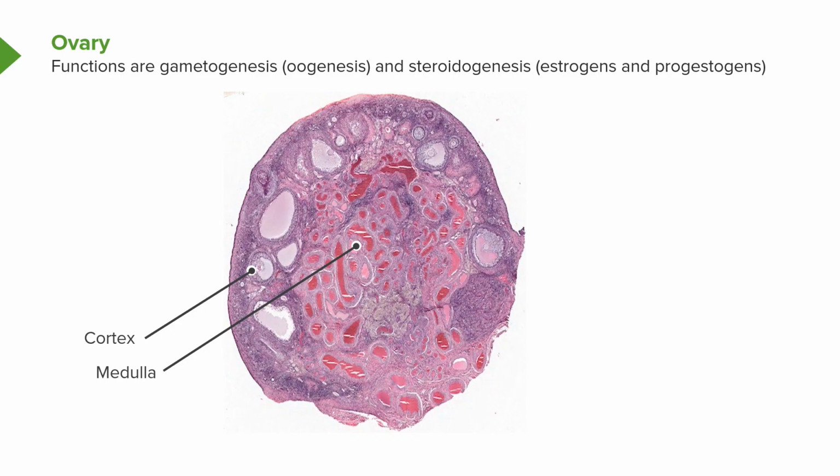If you look at the cortex, you can see little round structures, some tiny, some bigger. Some have clear lumens. These represent follicles, ovarian follicles, at various stages of follicular development, which I'm going to describe in this lecture.